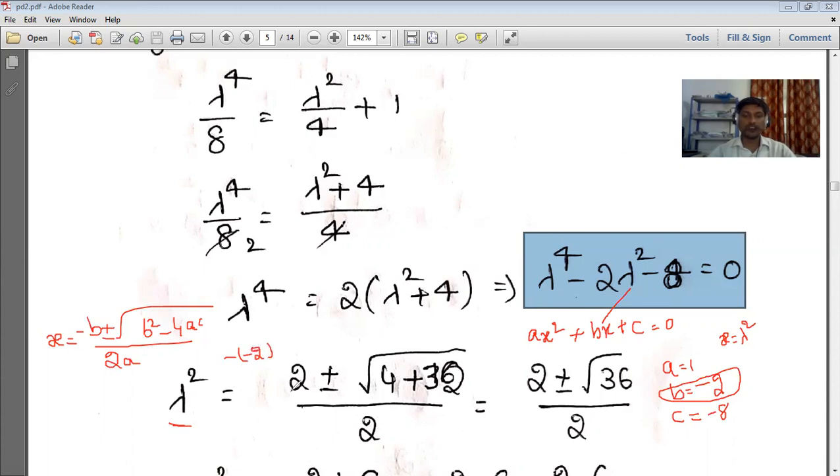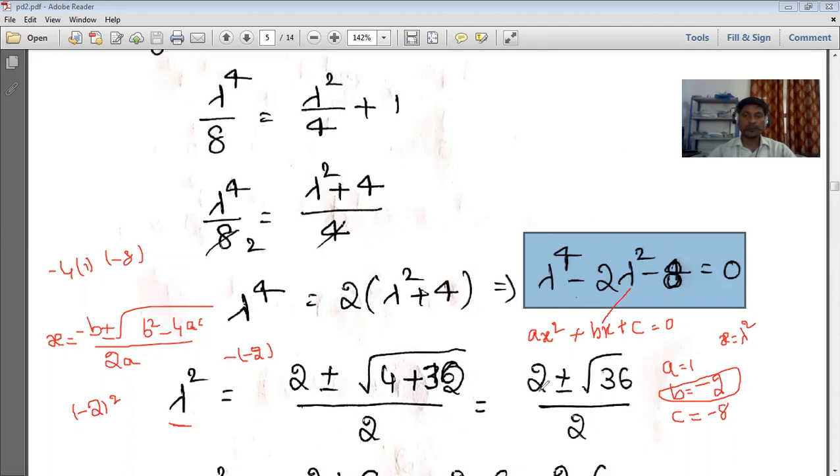So here we wrote 2 plus or minus square root of b square, which is minus 2 whole square, and minus 2 whole square is nothing but 4. And next minus 4ac. So minus 4 into a, which is 1, and c is minus 8. Here minus into minus is plus, so 4 into 8 is 32. So we wrote 2 plus or minus square root of 4 plus 32 by 2.